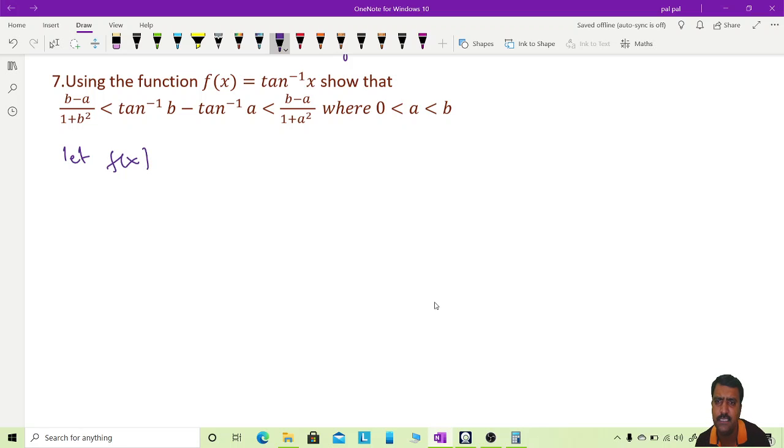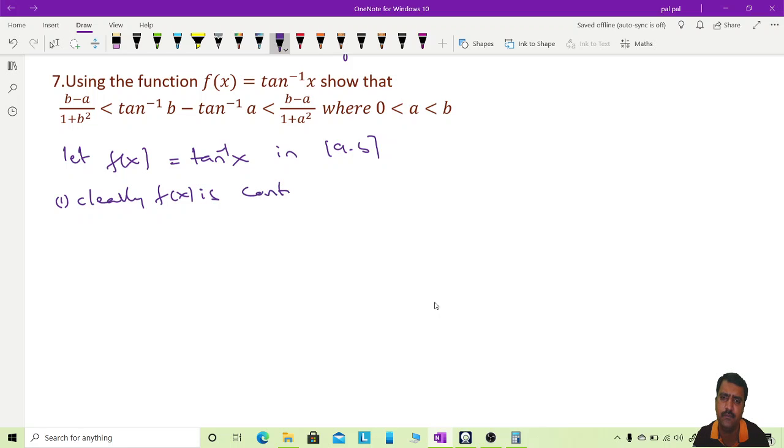Let the given function f of x is tan inverse of x, defined in the interval ab. Clearly f of x is continuous in ab.